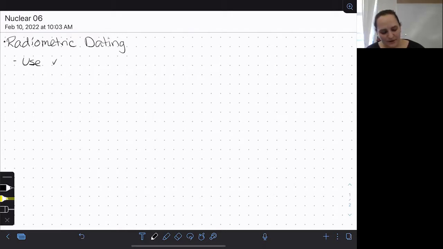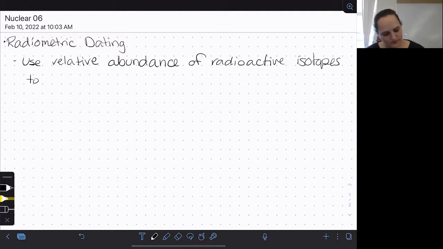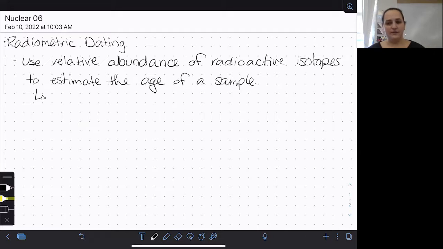So what we're doing is really using the relative abundance of radioactive isotopes to estimate the age of a sample. We know that different elements have different isotopes.